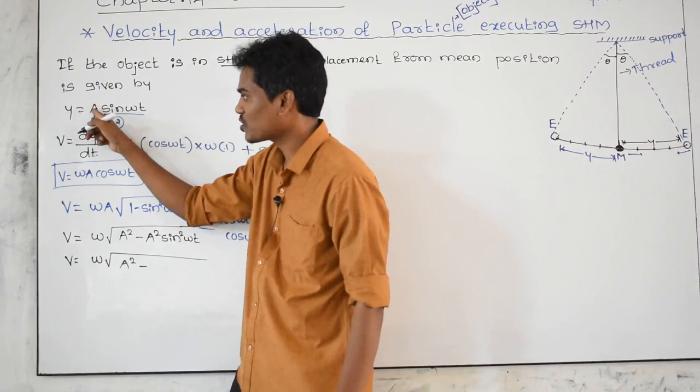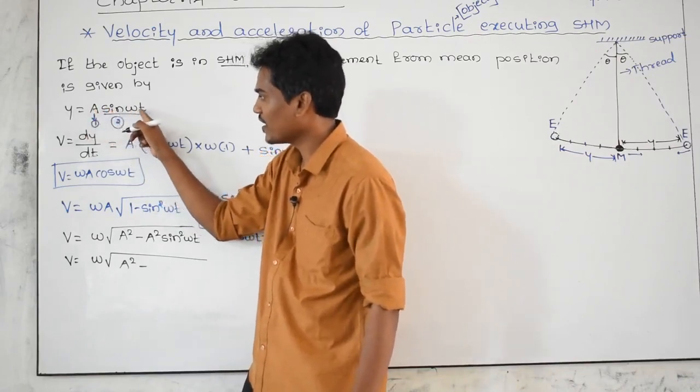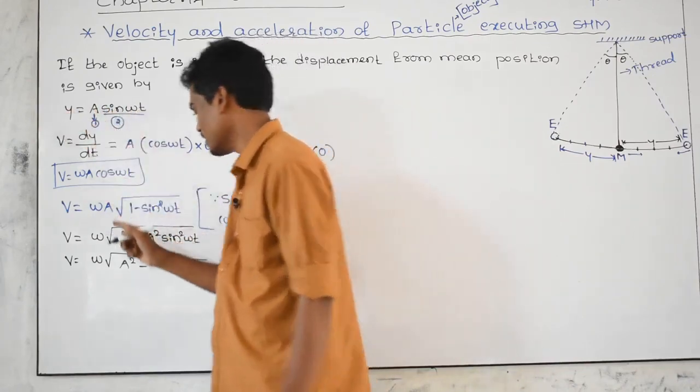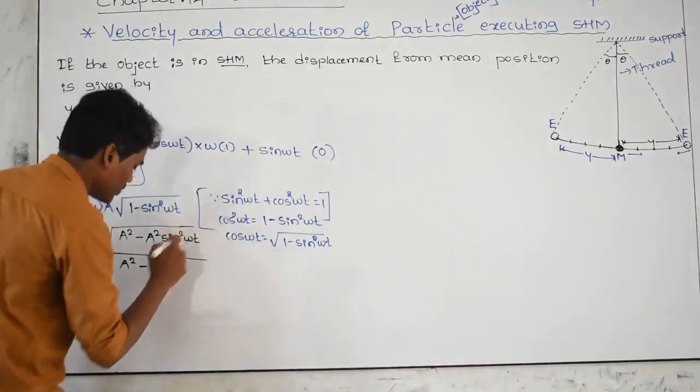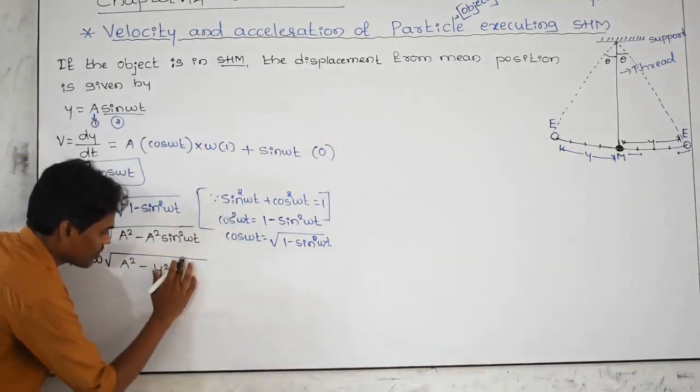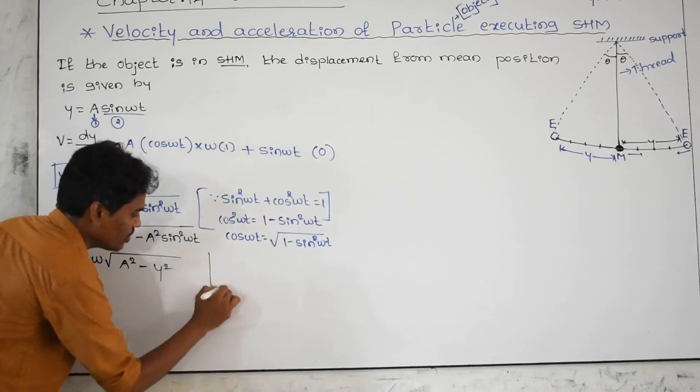Then a square sin square omega t is nothing but y square. Are you getting how I am getting this one?